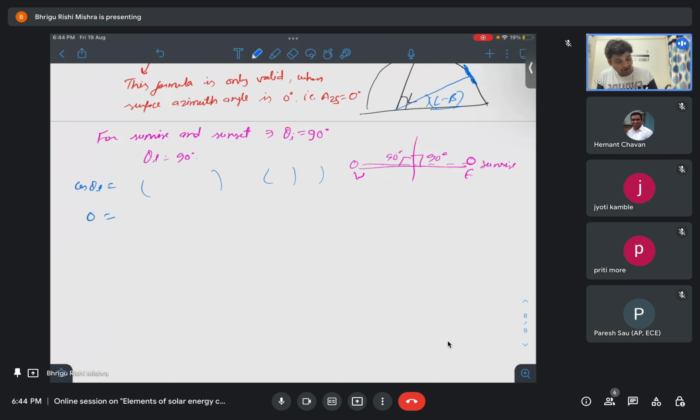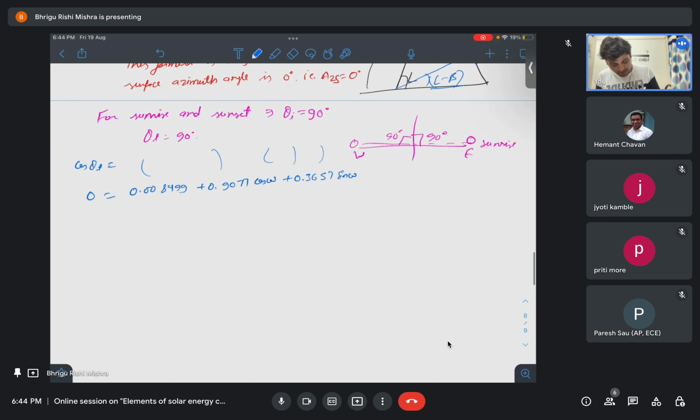So I am writing the final expression, which is around 0.008499 plus 0.9077 cos omega plus 0.3657 sin omega.